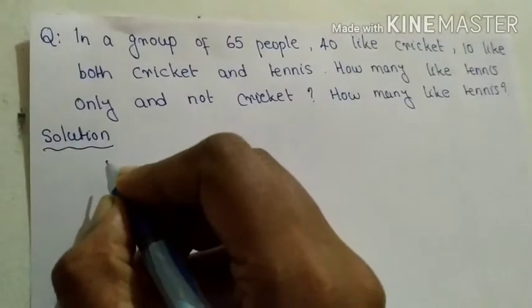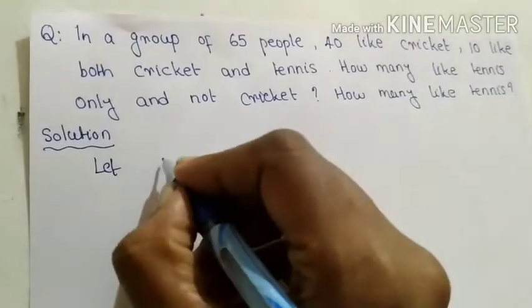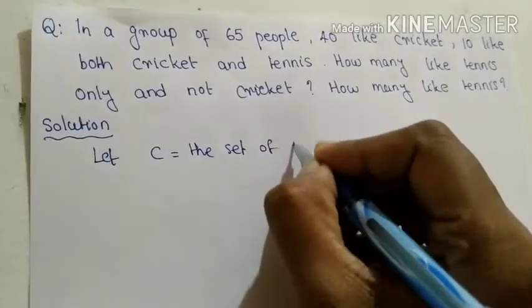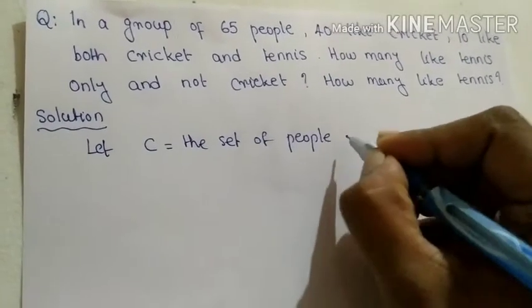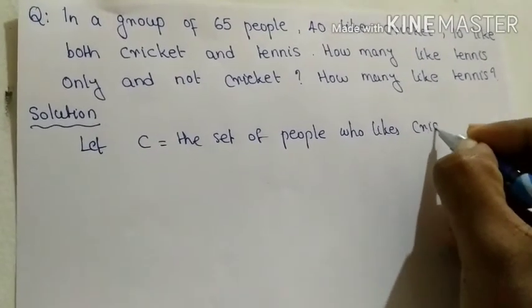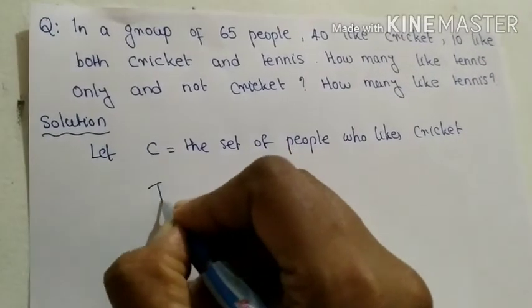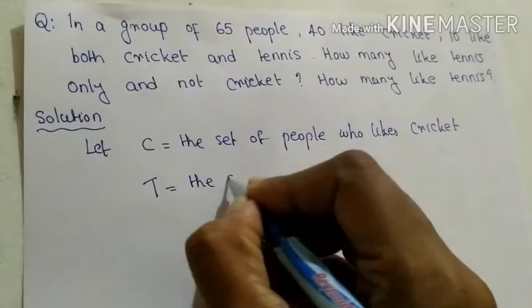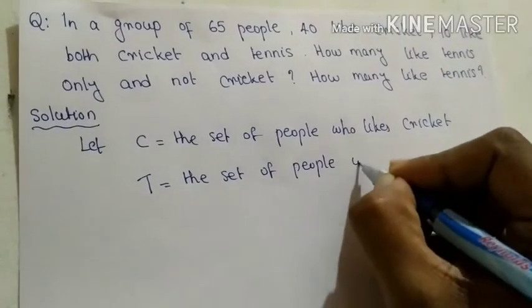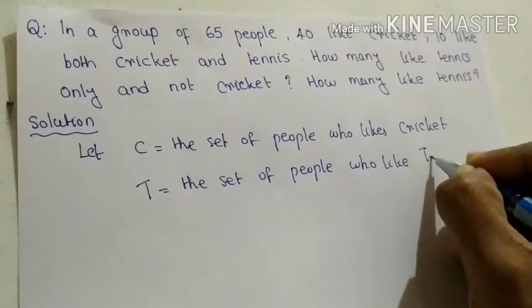Given first, let capital letter C be the set of people who like cricket, and T is the set of people who like tennis.